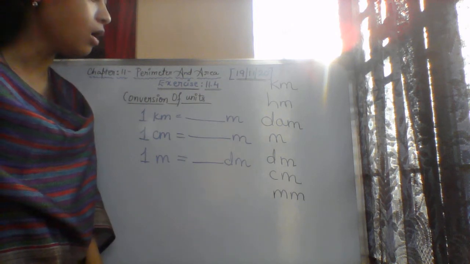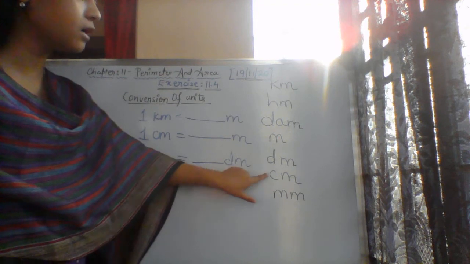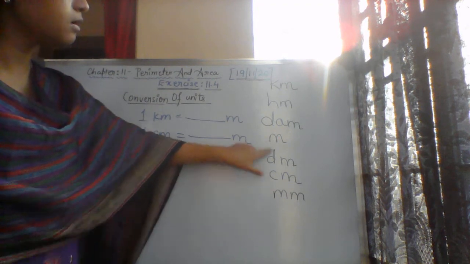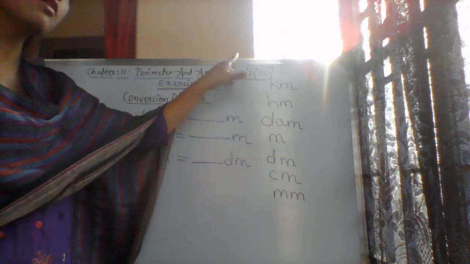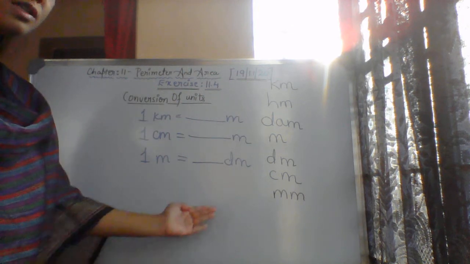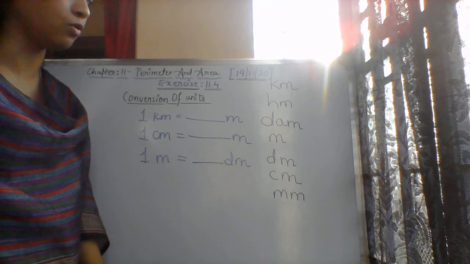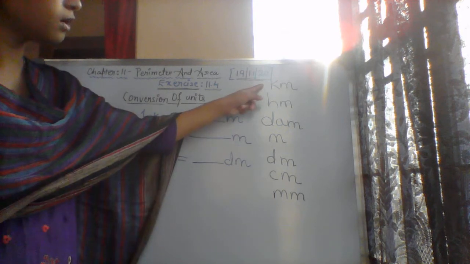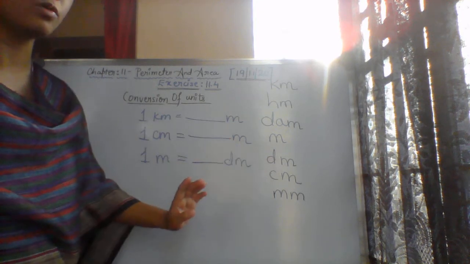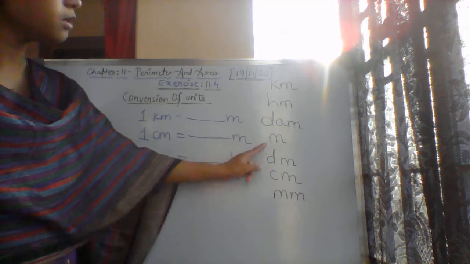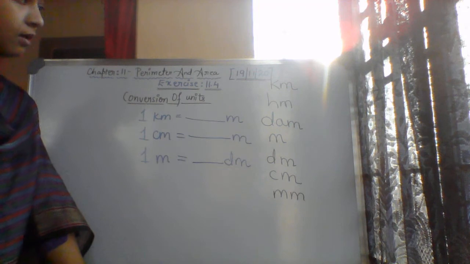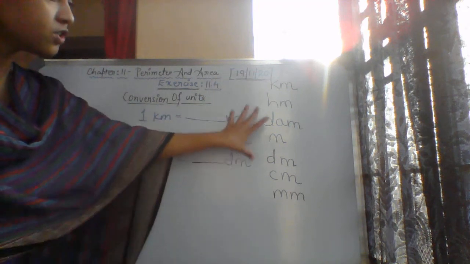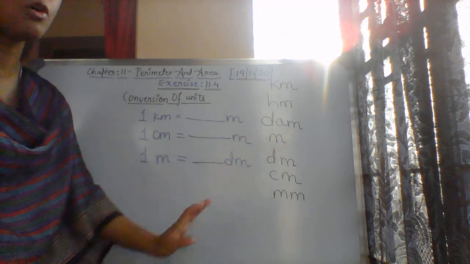Even we know how to convert millimeter into decimeter, millimeter into kilometer, millimeter into meter. Just opposite also we know. Kilometer directly to decimeter, we know how to convert. Meter to millimeter, that also we know. So we know the interconversion of all this.